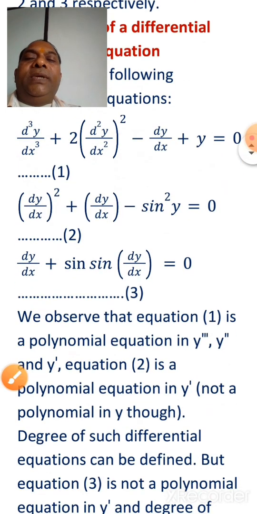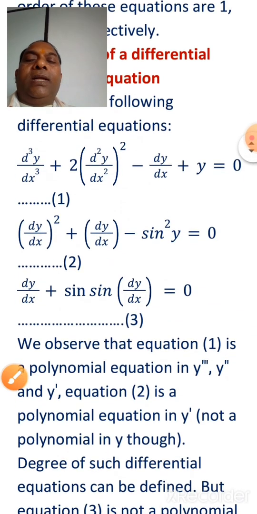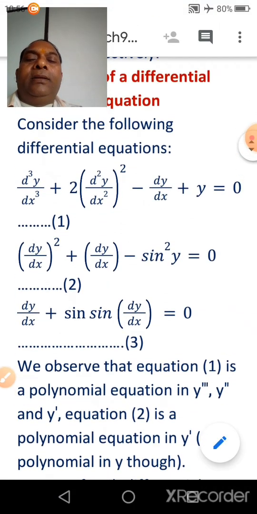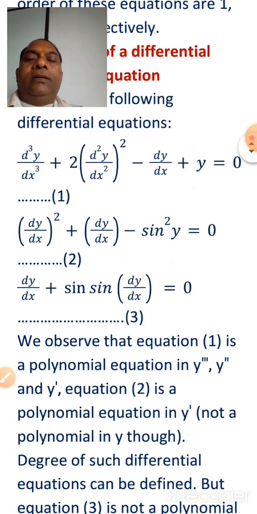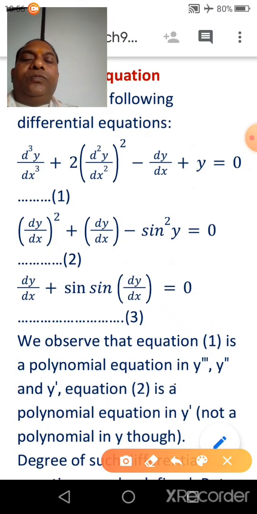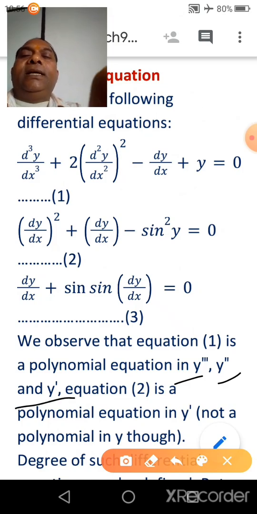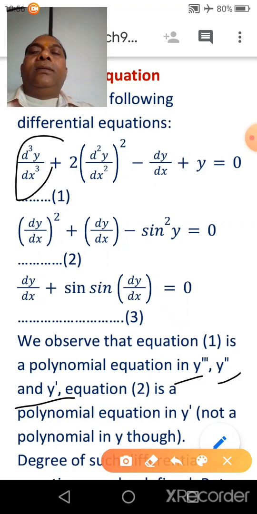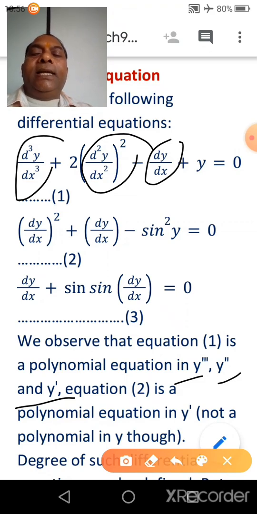So we observe that equation 1 is a polynomial equation in y triple dash, y double dash and y dash. See here y triple dash means d cube y upon dx cube can be written as y triple dash. d2y by dx square can be written as y double dash. dy by dx can be written as y dash. Clear?